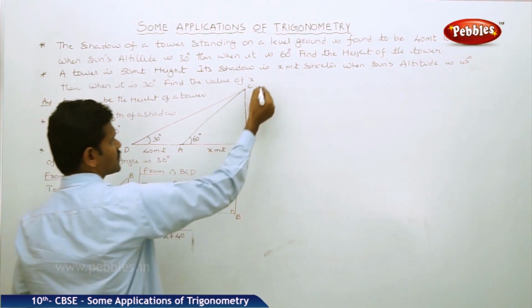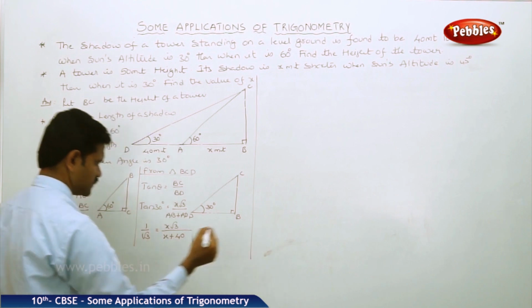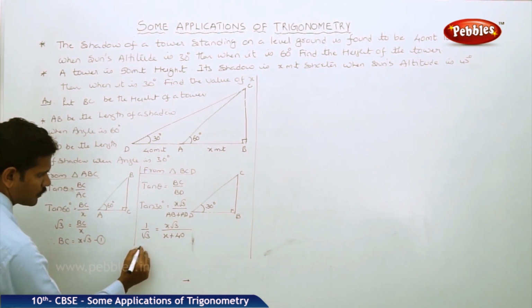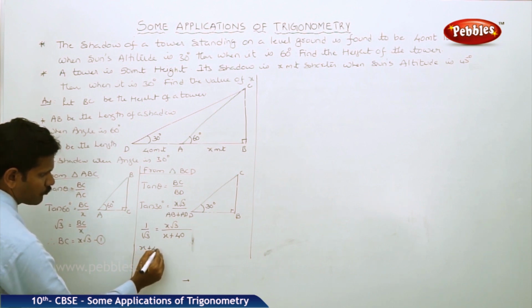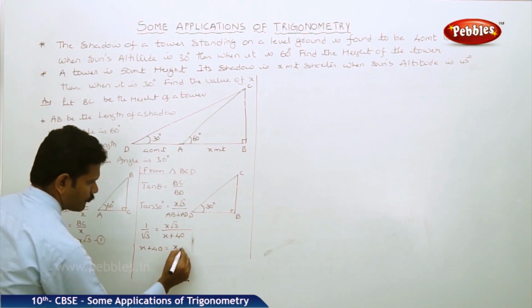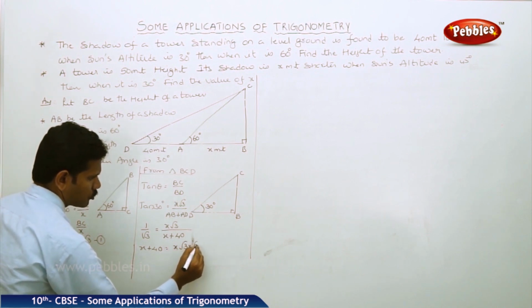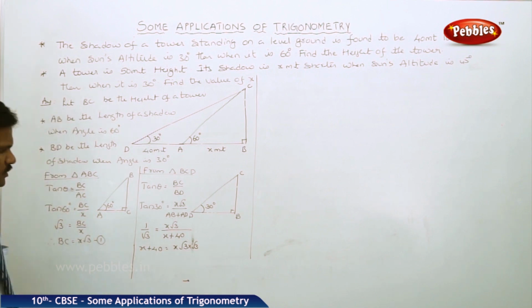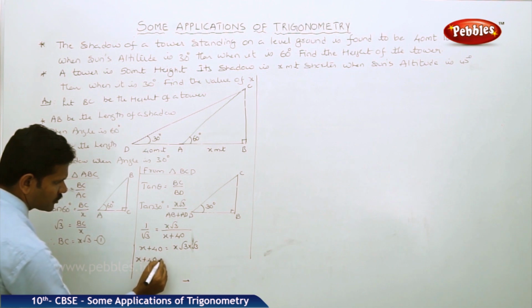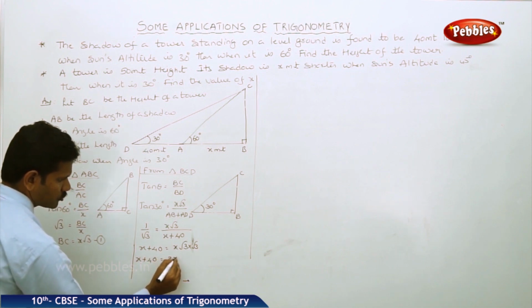Now let us simplify these two parts. Now cross multiplication, X plus 40 into 1 is equal to X plus 40, X root 3 into root 3, that is X plus 40 is equal to 3x.